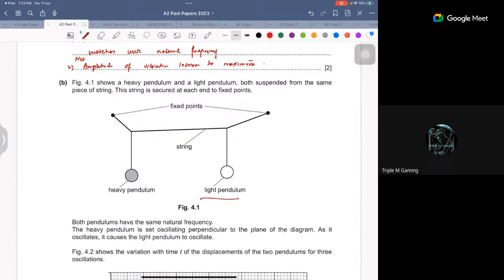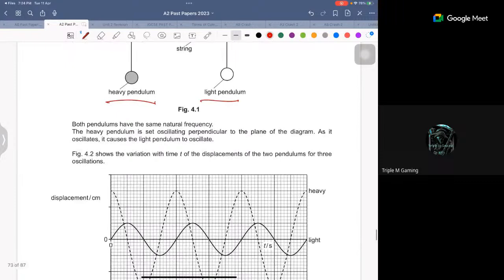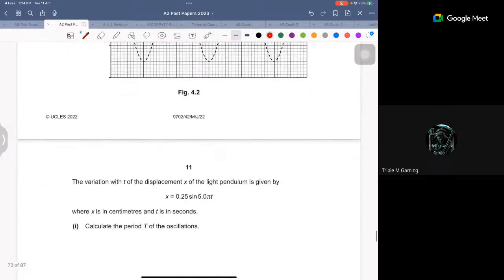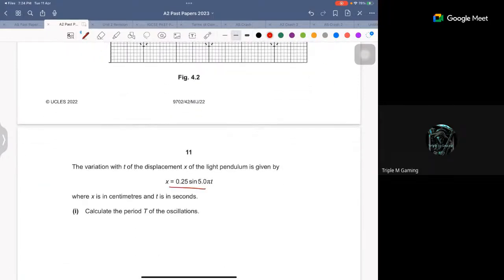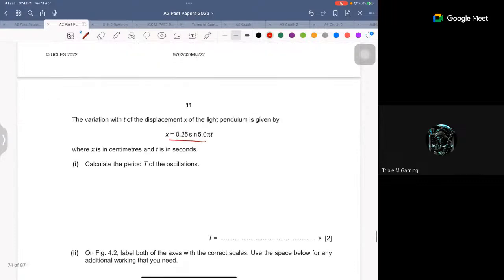Now you have a light pendulum, you have a heavy pendulum, 2 fixed points, and they've shown you the graph, heavy and light, fine. Then they say this is the equation and calculate the period T. What to do? So this is x equals x naught sine omega t.